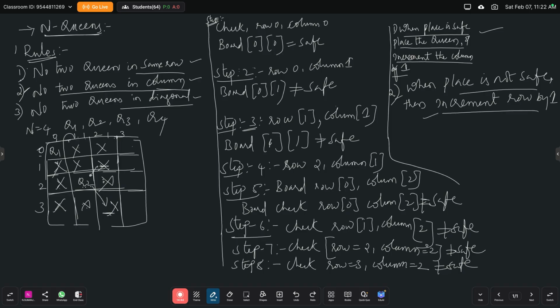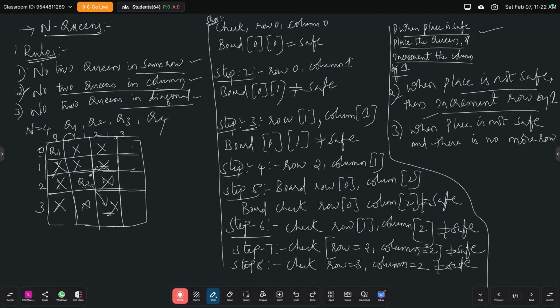Now one more rule is there. When the place is not safe, and we are almost at the end, there is no more row. No more row means we are at the end stage.